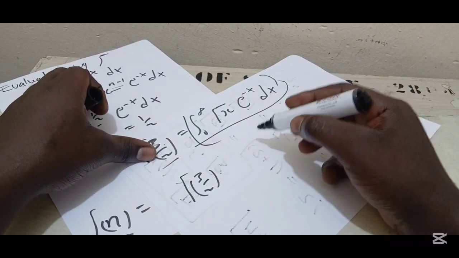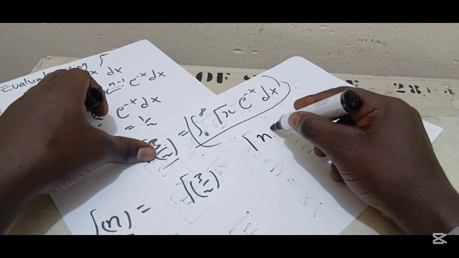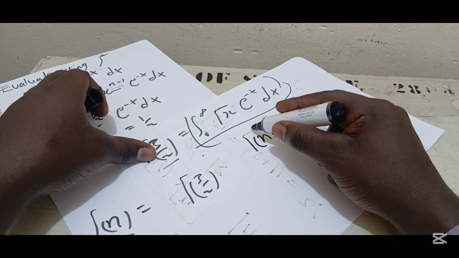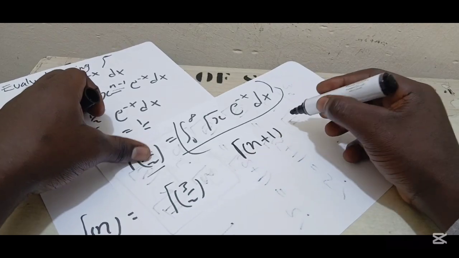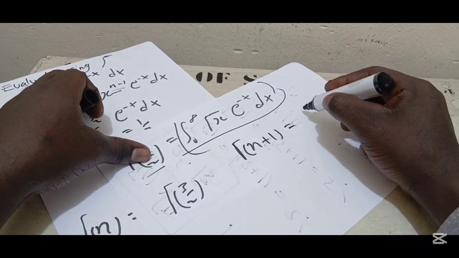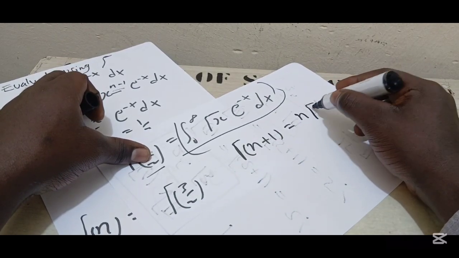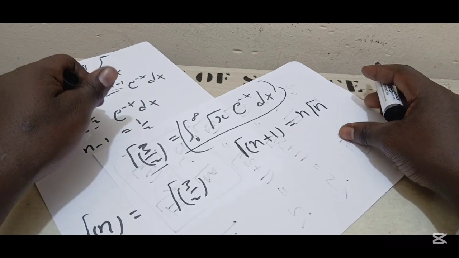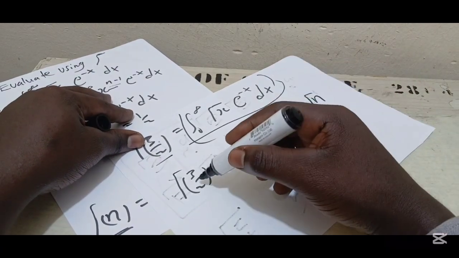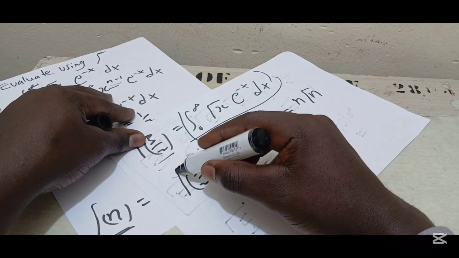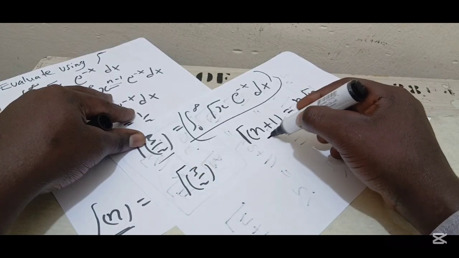Since it is a fraction, we are definitely going to use the formula gamma n plus 1 equals n gamma n, right? So we can find a way of simplifying this into this form.